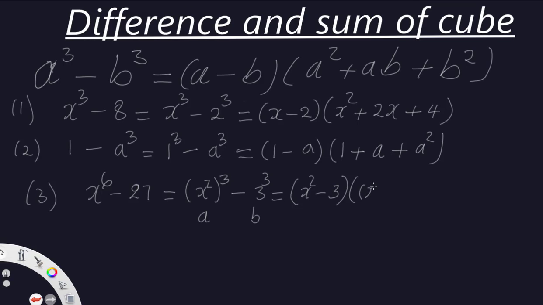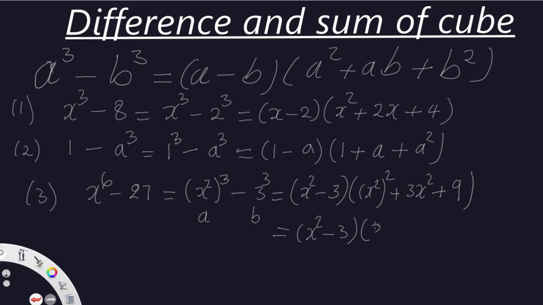Then a plus ab, which means x squared times 3. But we start with a number, so we say 3x squared. Then we have plus b squared, which means 3 squared will be 9. Okay? So if we continue here, we'll have x squared minus 3.